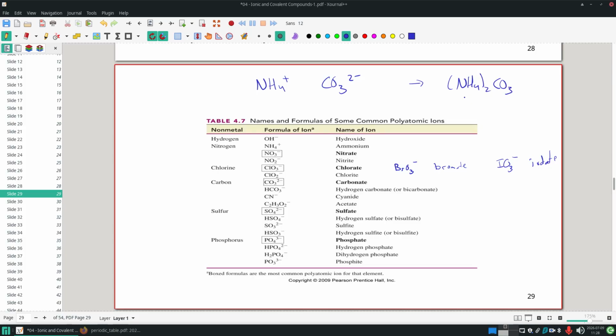If we need to multiply them or add some, we are going to do those subscripts like we did before, but we're going to keep our polyatomic ion in parentheses so you know it's specifically ammonium. Because look at this. If I were to write N2H8CO3, that could be this, but it also could be the nitrogens and hydrogens are connected differently. This is specifically telling us it's definitely ammonium.